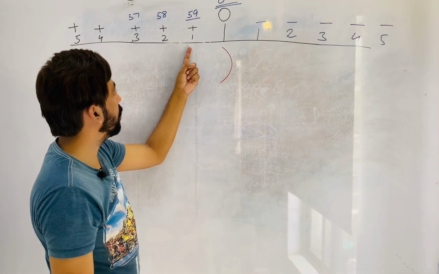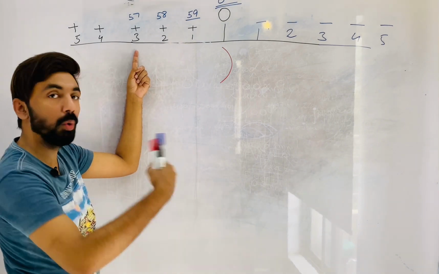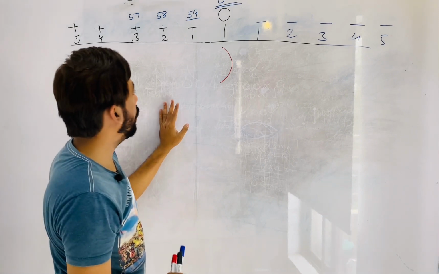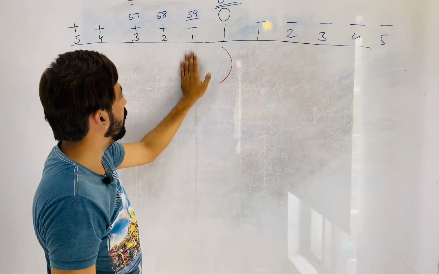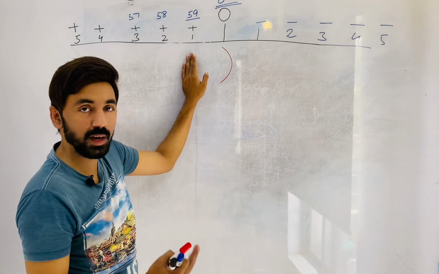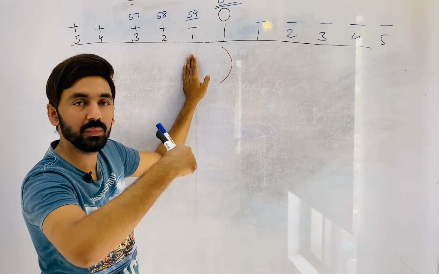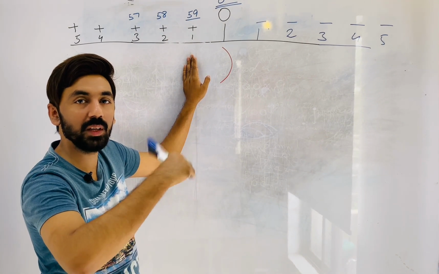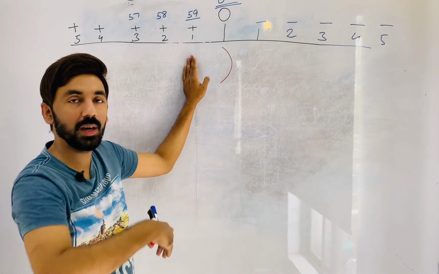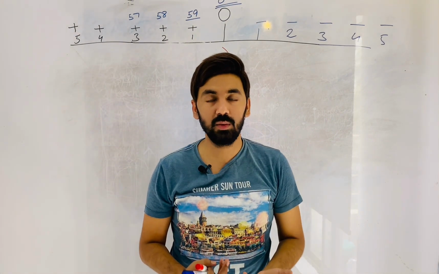If hypermetropia is +1, the cornea is flatter. +2, more flat. +3, more flat. +4, 5, more and more flat. So we have concluded that when hypermetropia is increasing, the power will be decreasing, which means the cornea is becoming more and more flat. In this lecture we are learning about the type of astigmatism.